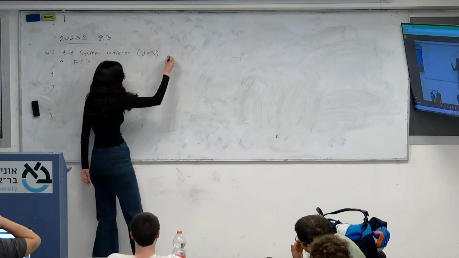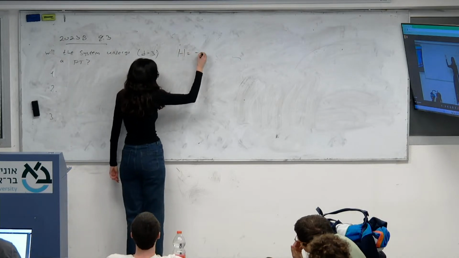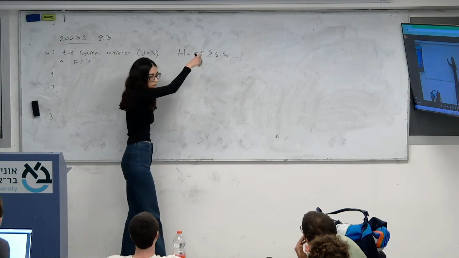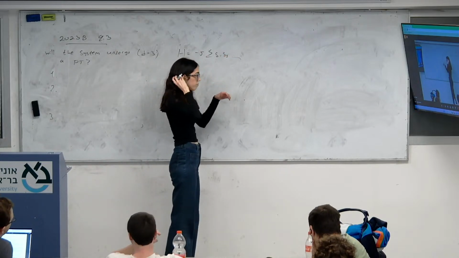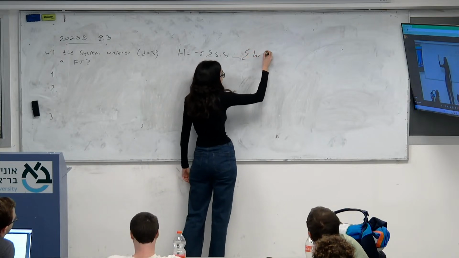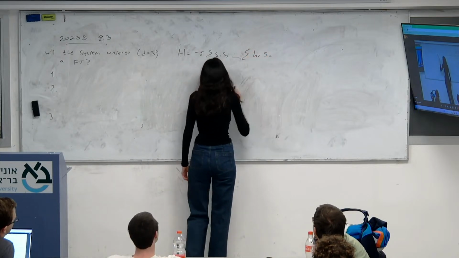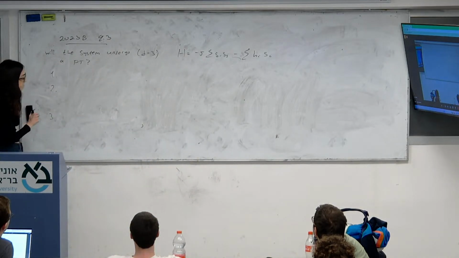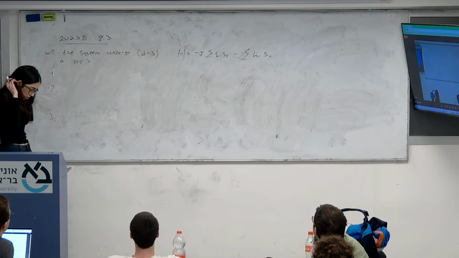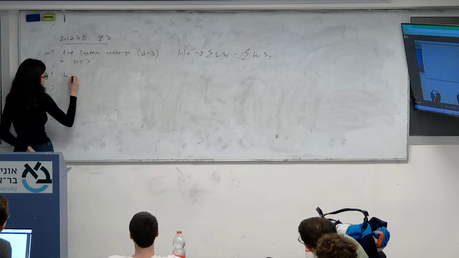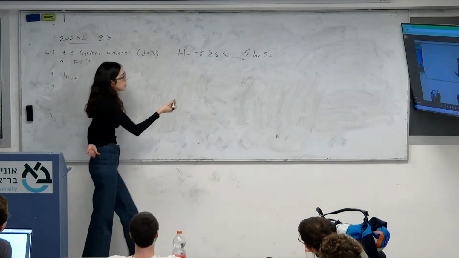And the Hamiltonian is, you have the normal nearest neighbors interaction, and you have h_i S_i. So the first is h_{i,j,k}.